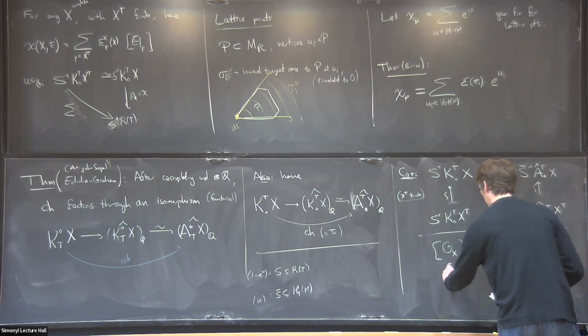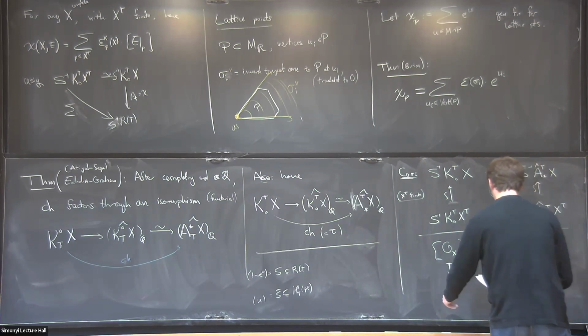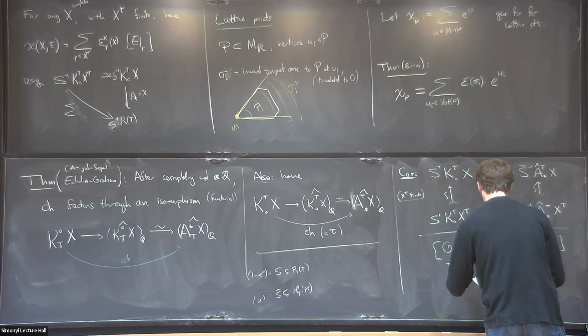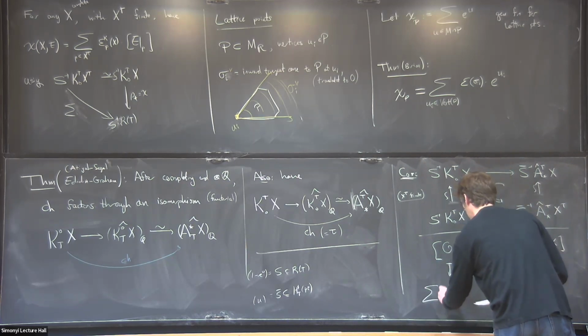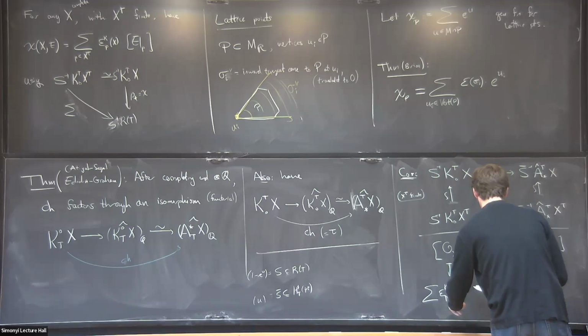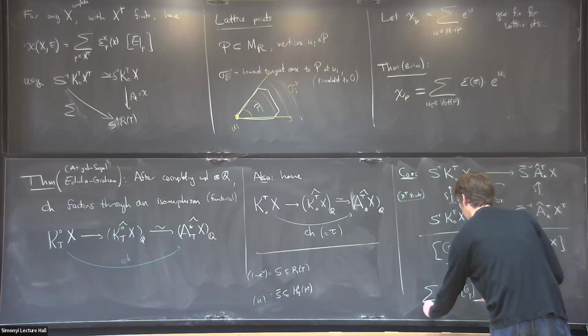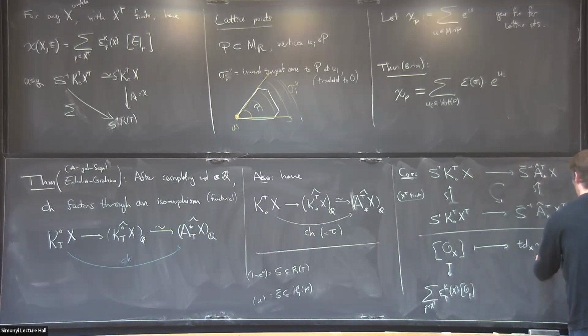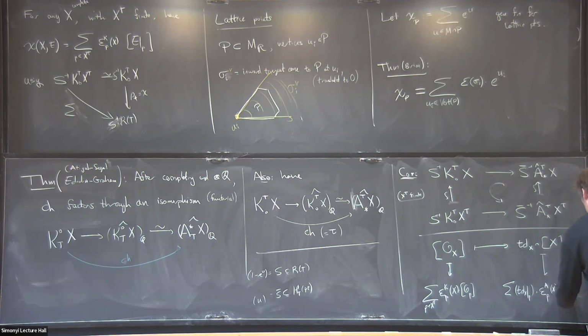On the other hand, this goes over here, by the definition of equivariant multiplicities, to the equivariant multiplicities, the sum over... And well, there's equivariant multiplicities in Chow groups too. And so those will be the Chow equivariant multiplicities of X and the Chow class of the fixed point.